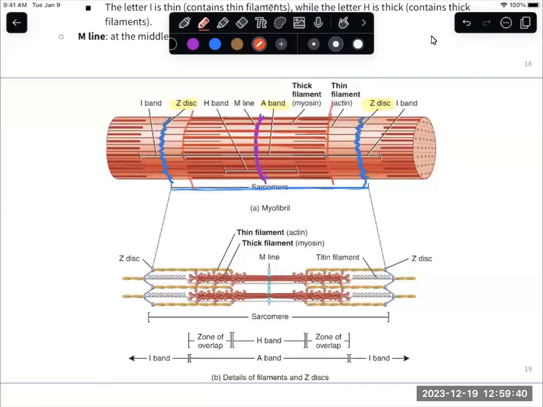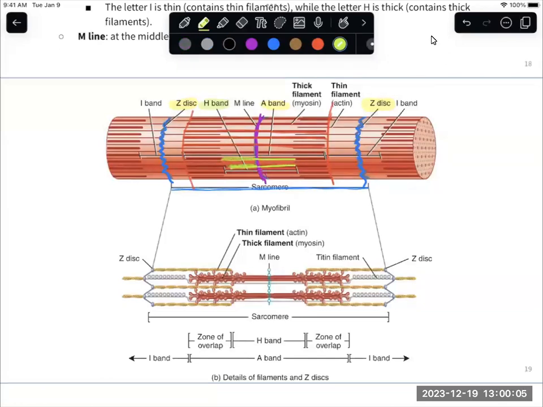My H band. That H band is where we have just thick filaments.